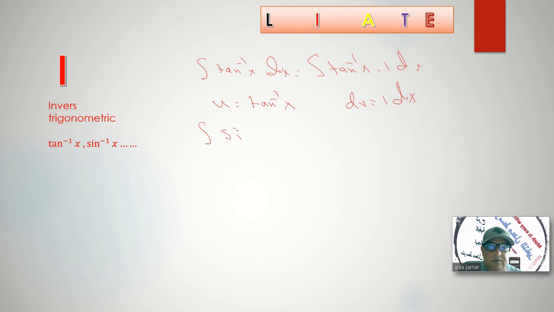Also, if I have the integral of x sine inverse x dx, I go to the list: logarithm I don't have, then inverse trigonometric I have, so u will be sine inverse x and dv will be x dx.